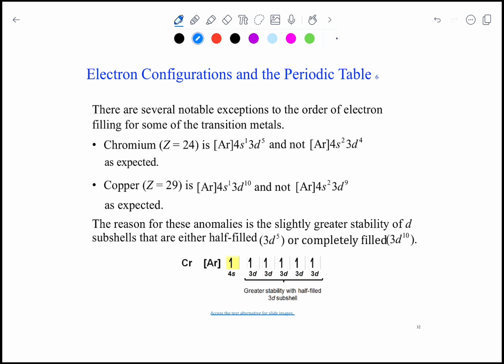So if we look at that, we have 4s1 3d5. Now this is different than what our typical rules of electron configurations would be, where we have 4s2 3d4. So the blue is the accepted orbital diagram and configuration, and the red is the not expected one.